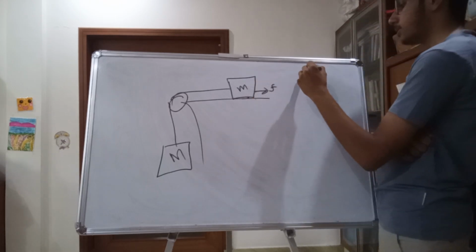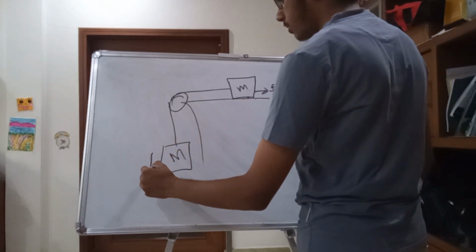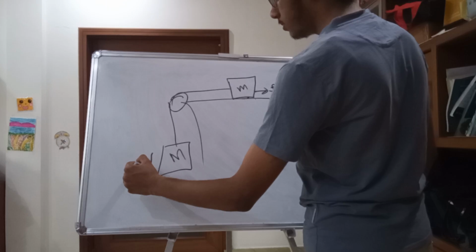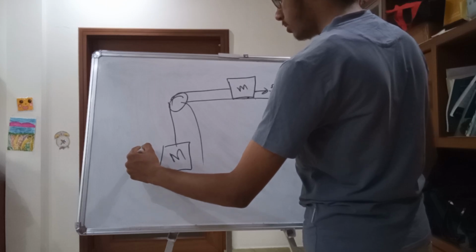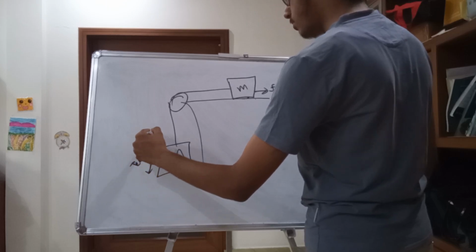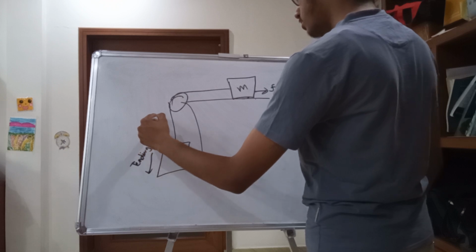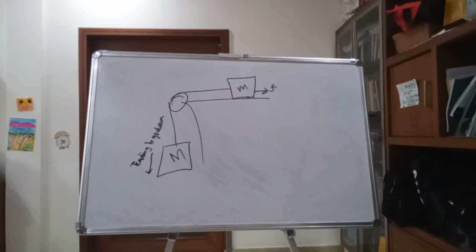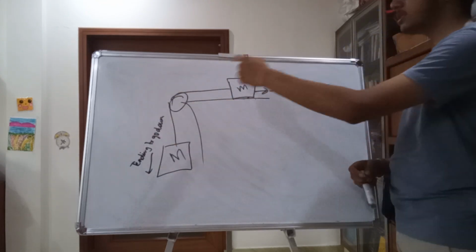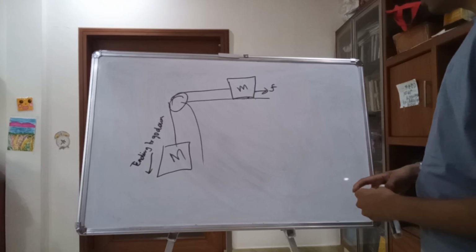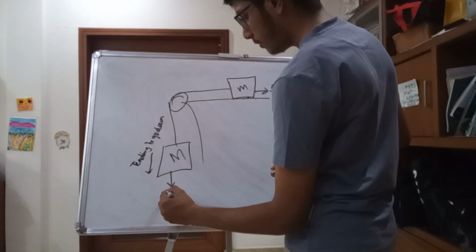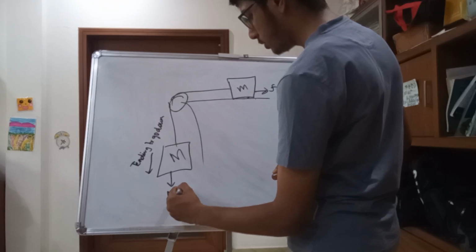Friction is going to act like this, and this body is tending to go down. Then what will be the value of friction to prevent the block going down, and this entire system must be at rest? So what we can tell here, it is capital M into g.